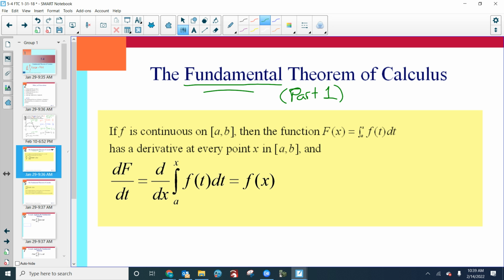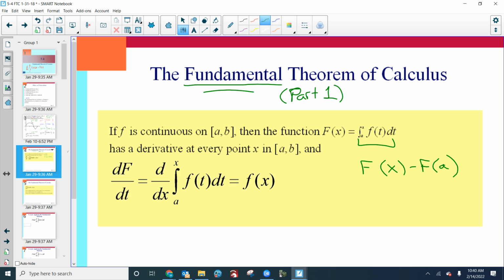Capital F here is the area under f. How did I prove that to you? Well, I took the antiderivative, I plugged in x, I plugged in a, and I subtracted. Correct?